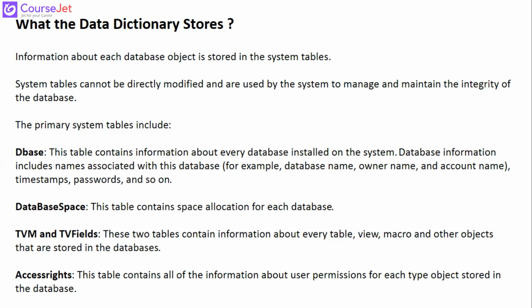That view will be fetching the data from both of these system tables. I think the TV stands for table view, and TVM stands for table view macro. Correct, yes, exactly.